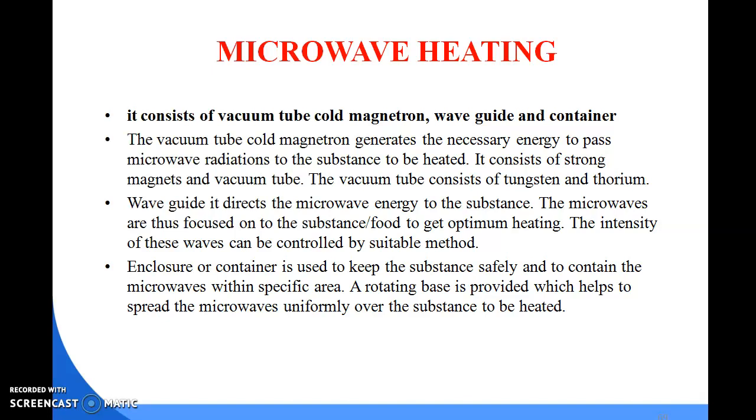Everybody knows what a microwave oven is, so it is not a new topic for anyone. Inside it, a rotating base is provided, which helps to spread the microwaves uniformly over the substance to be heated. That is the main point here.